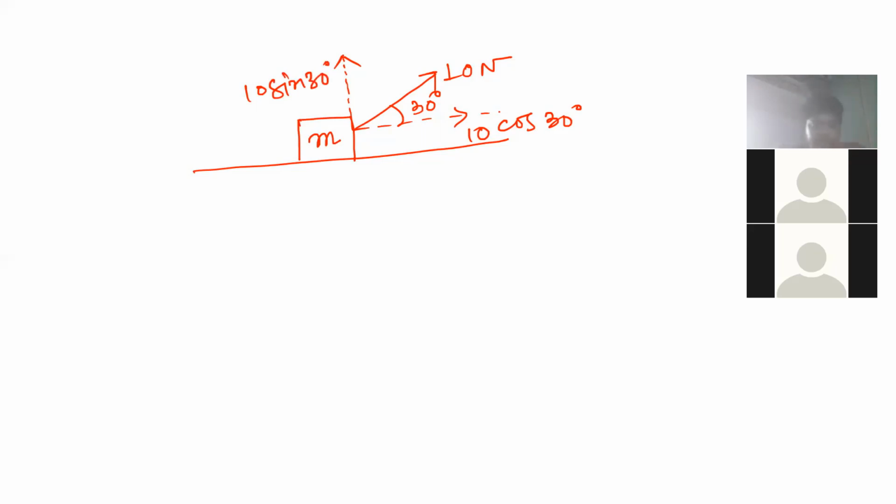The horizontal component equals the hypotenuse times cos, as we see it is actually a triangle. So the force applied on the mass m multiplied by cos 30 degrees gives the horizontal component, and along the vertical line, the value of the force should be 10 sin 30.